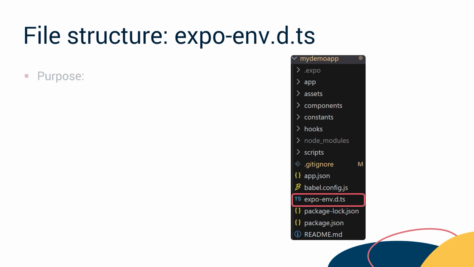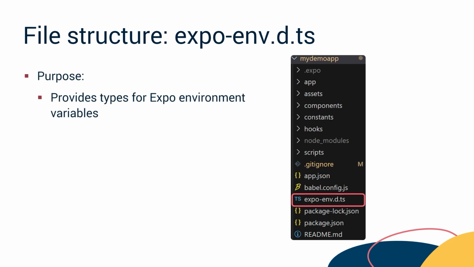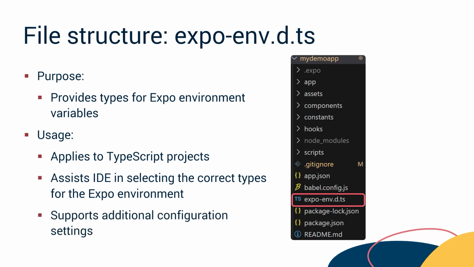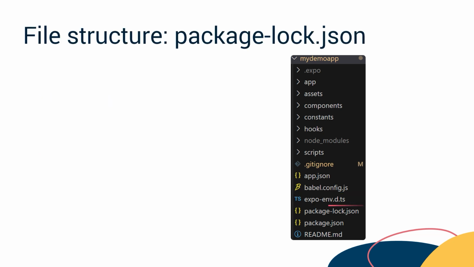expo-env.d.ts file is a TypeScript declaration file that assigns types to Expo environment variables and other TypeScript-based configurations. If you create your project with TypeScript, this file will assist the IDE in the correct selection of the types for the Expo environment and settings of additional configurations. The package-lock.json file is generated automatically by NPM.